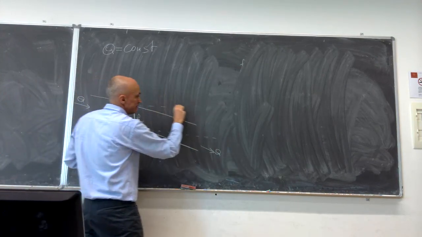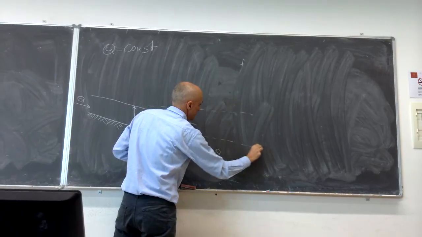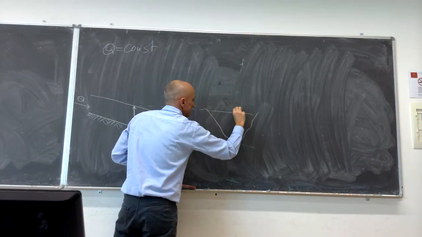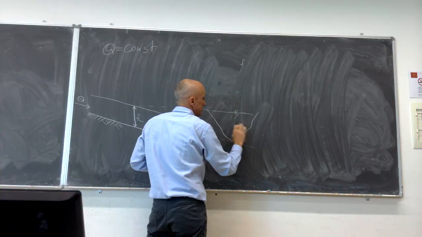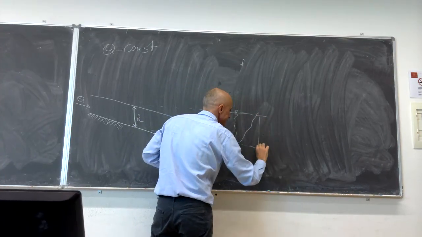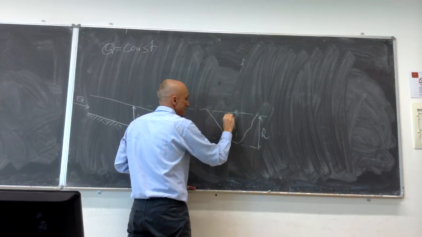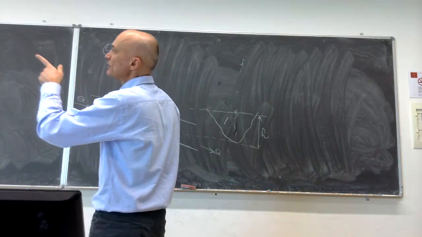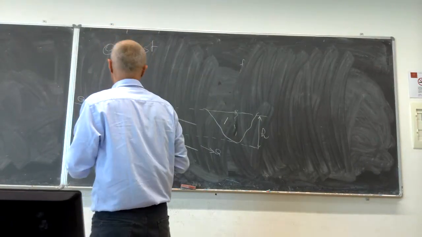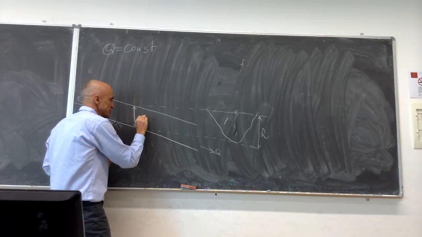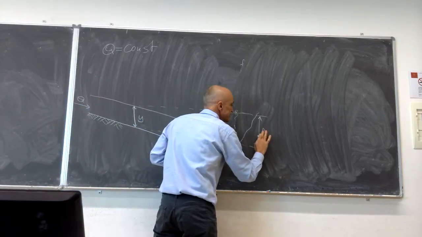In this slide the water depth is Y, so let's use the same notation. This is Y, the water depth. This is the wetted area, which is a function of the water depth. This is the cross-section we are considering.